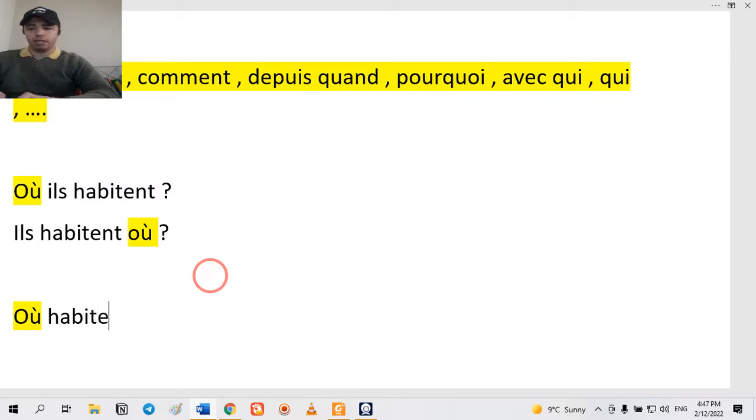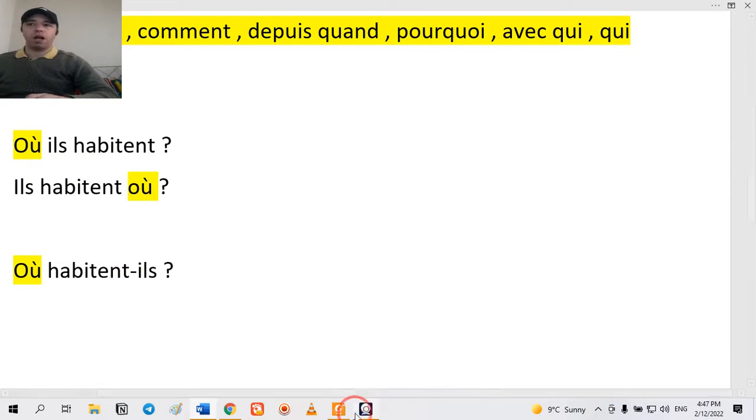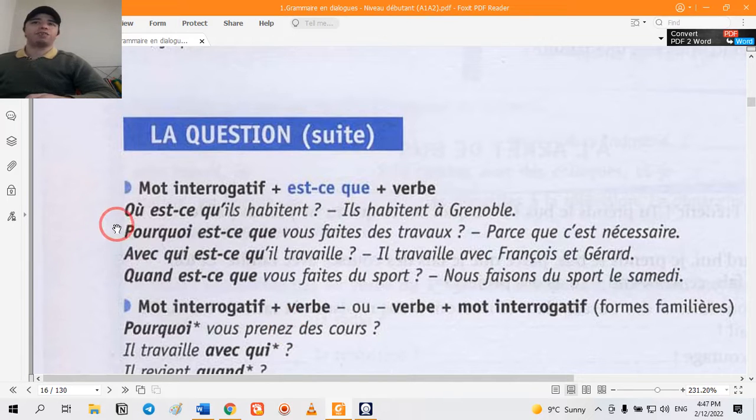Où habite-t-il? Like here. So, où ils habitent is intonation, où habite-t-il is inversion, the most polite format, and où est-ce qu'ils habitent is with est-ce que.